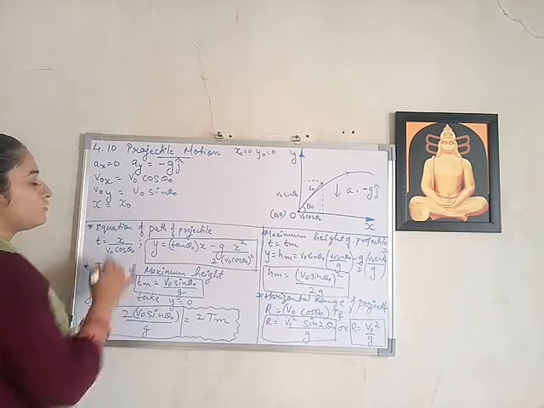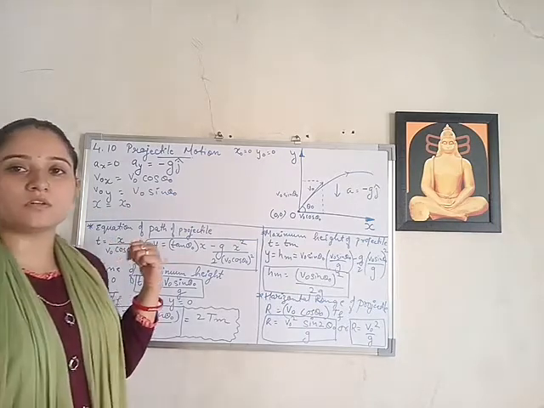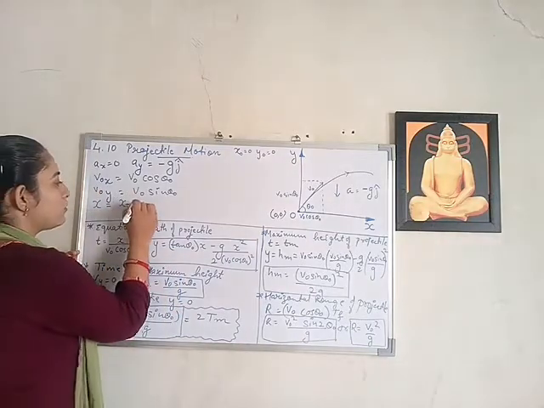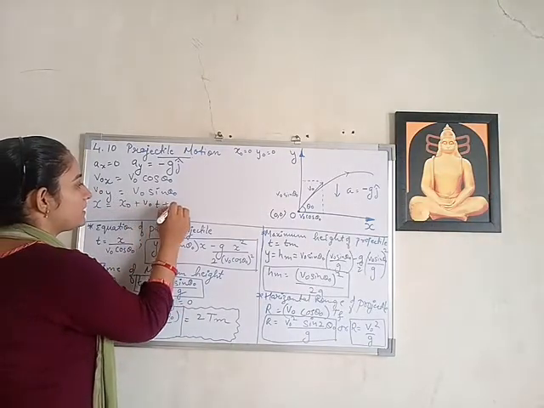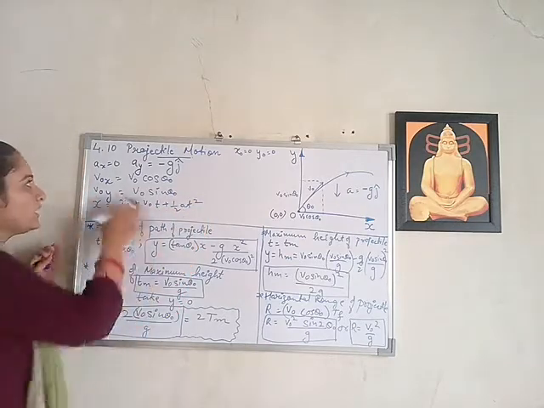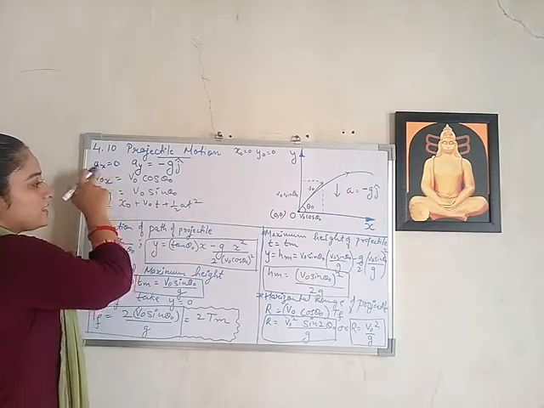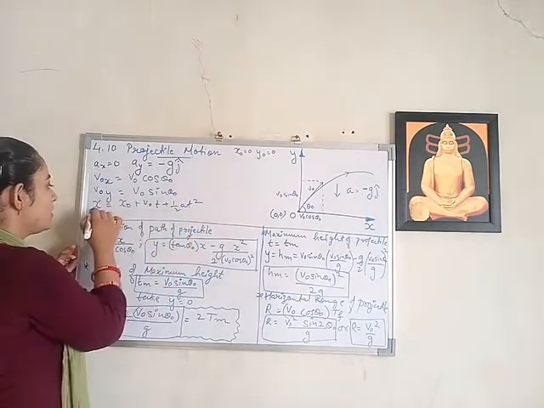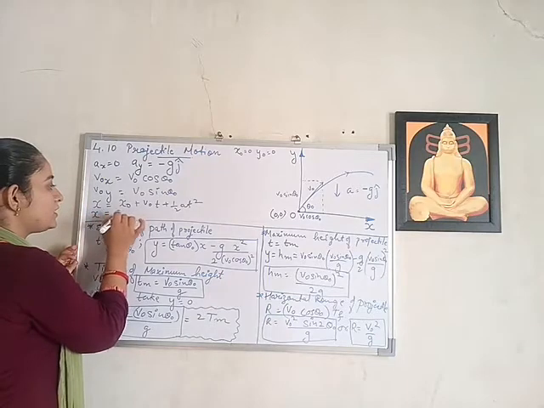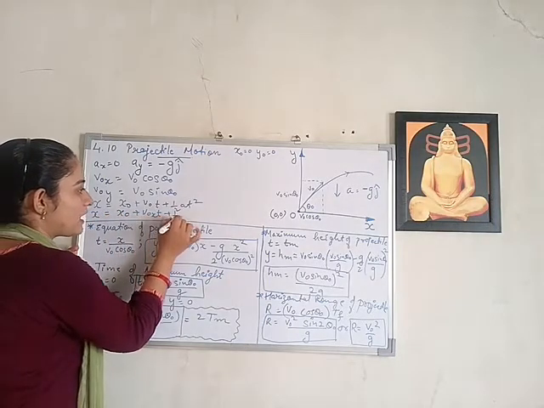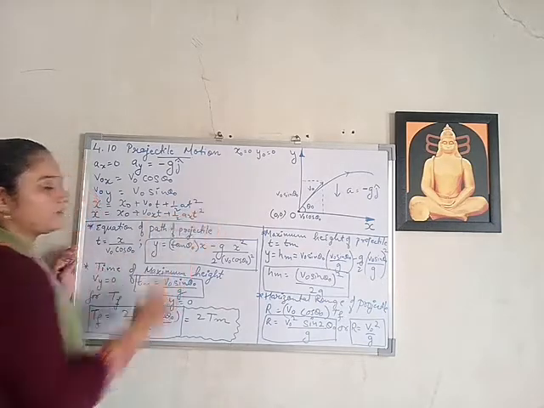You know this formula from constant acceleration and displacement: x equals x0 plus v0 t plus half a t square. Along the x-axis, we can write it as x equals x0 plus v0x t plus half ax t square.